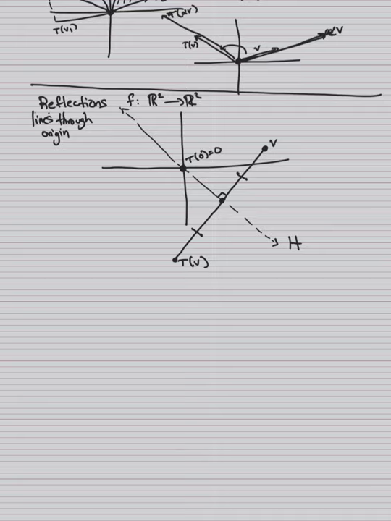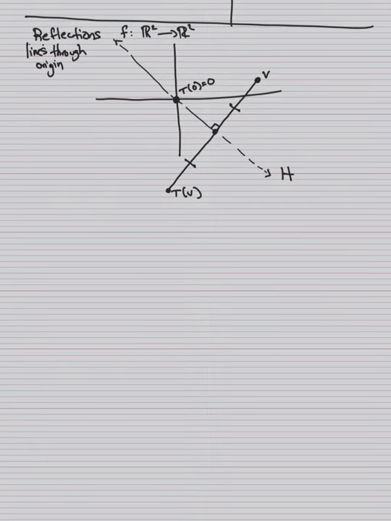That wouldn't preserve 0. So here I want to show that this is linear. Again, I don't want to ever actually do an explicit formula, especially since I don't really know what H is. So I want to present a useful trick for showing why this reflection is also linear.